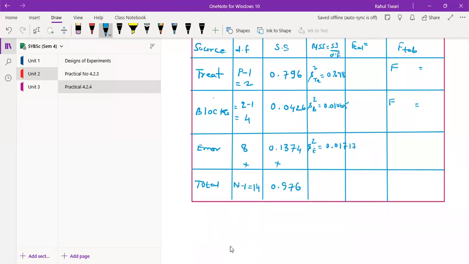And if you calculate this upon error, you will get 23.1799, and 0.6202. This will be the 4.46, 3.84. This is 2 comma 8. This is 4 comma 8.